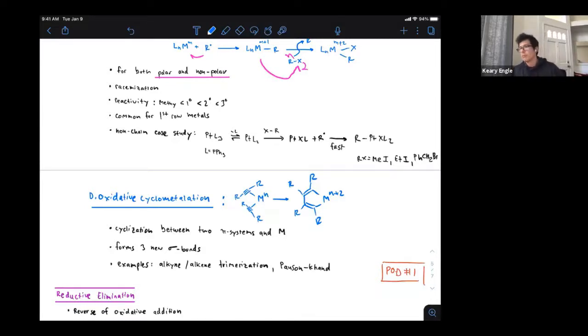And this is a constituent step of catalytic processes we'll see down the road, including alkene and alkyne trimerization and the venerable Pauson-Khand reaction. So it shares enough similarities with traditional oxidative addition that we cover it here. Okay, let's jump into problem of the day number 1.